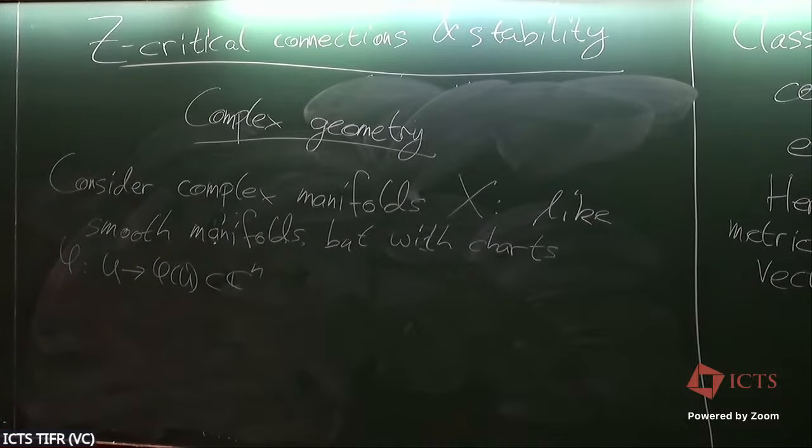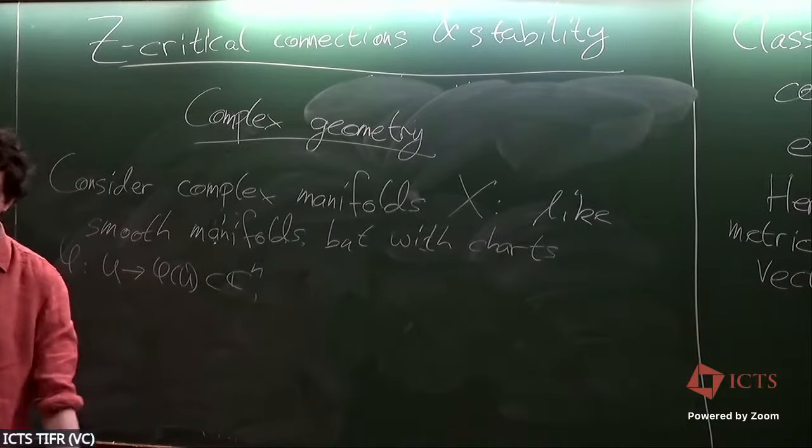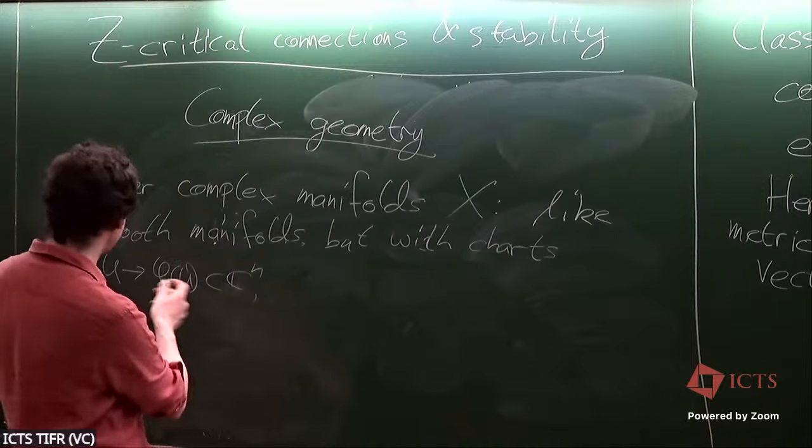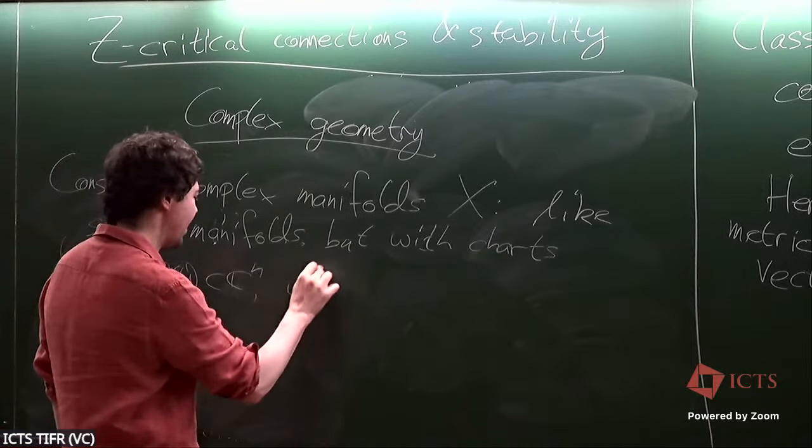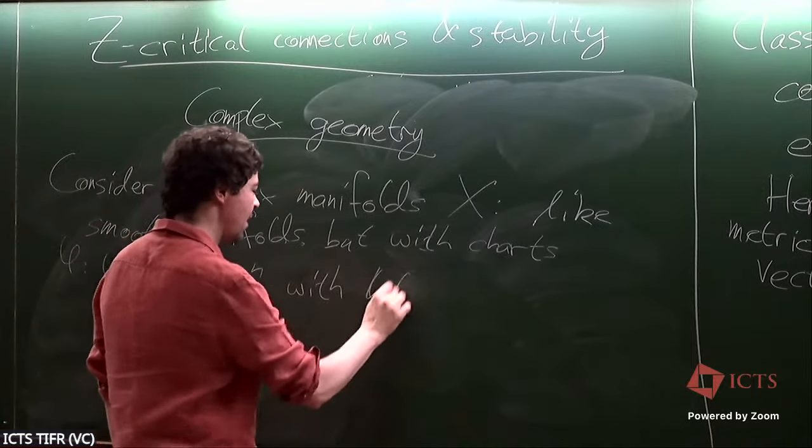And then there's a natural notion of a holomorphic map between open sets in Cn. We just require it to be holomorphic in every variable with the others kept fixed. So we ask then that the transition functions are holomorphic.